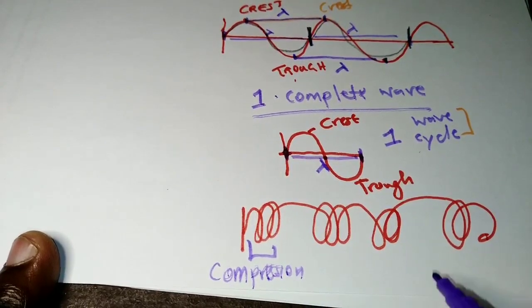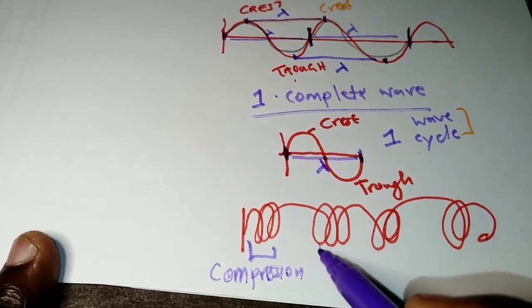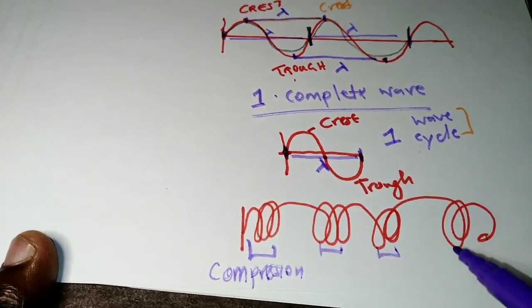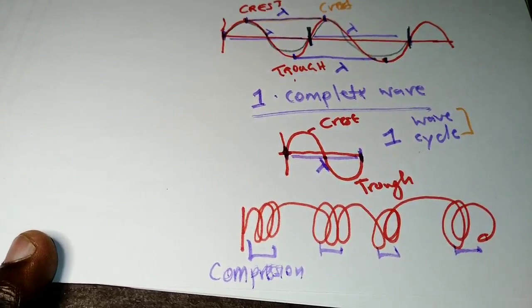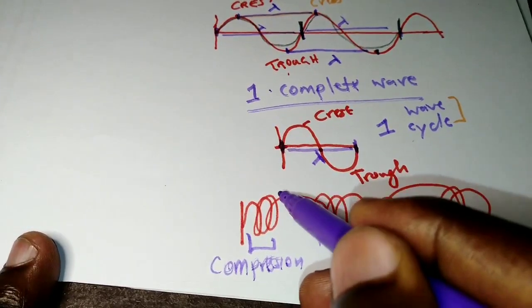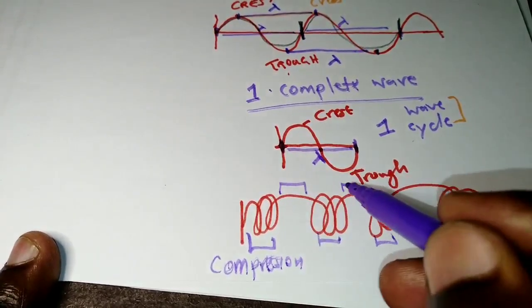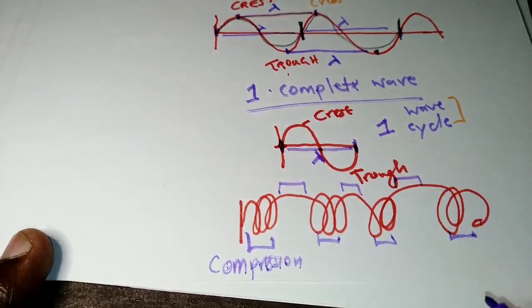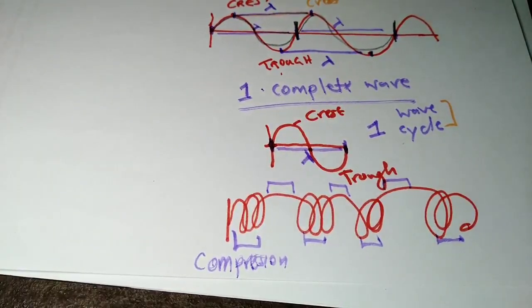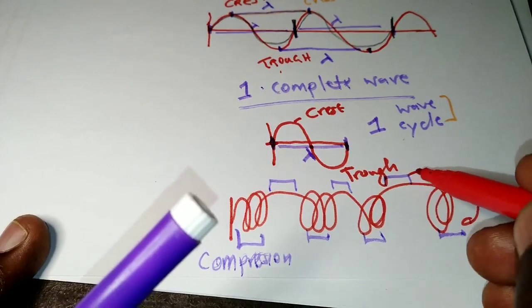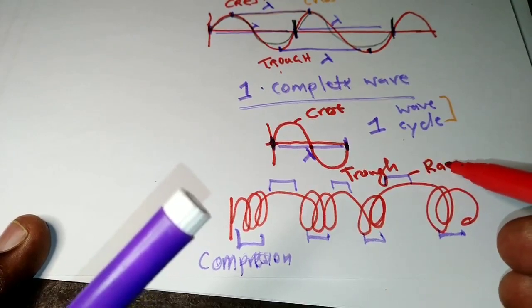Okay, and this is also a compression. Now these other areas, where particles are further apart from each other, we call rarefactions. So this is a rarefaction.